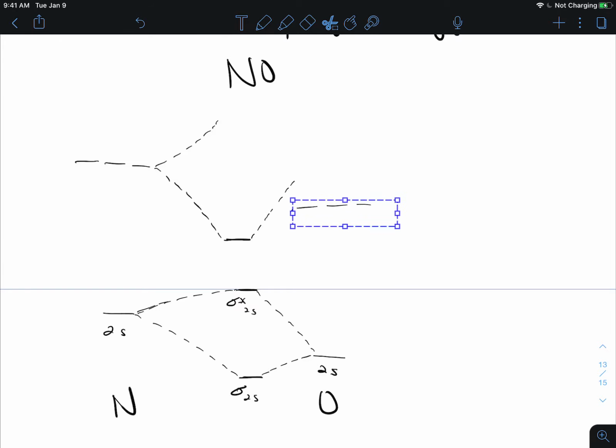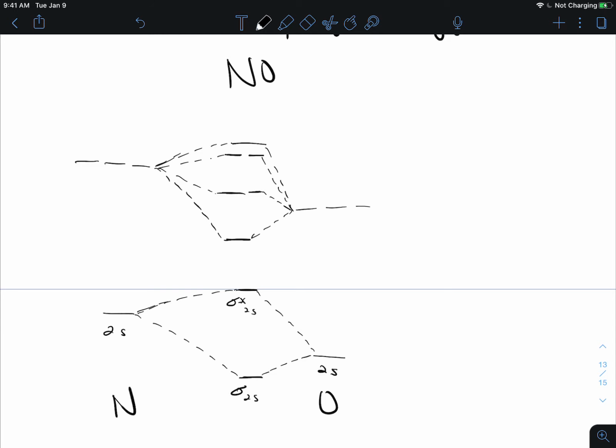Sorry, one second. There we go. Not perfect, but let me actually just adjust a little bit.